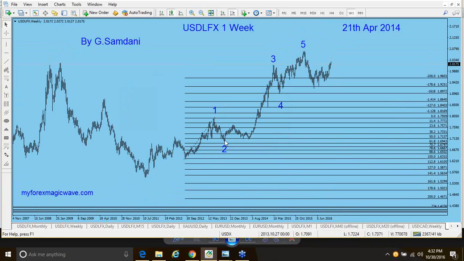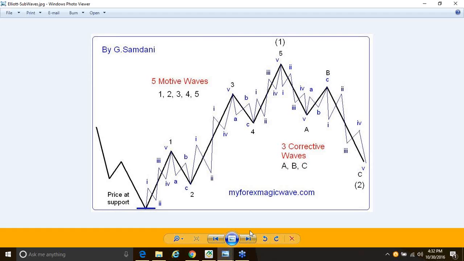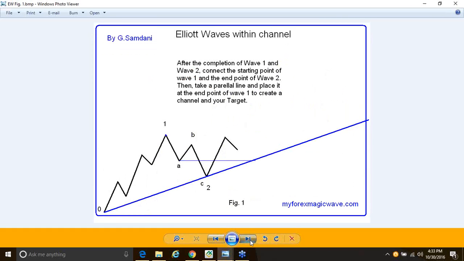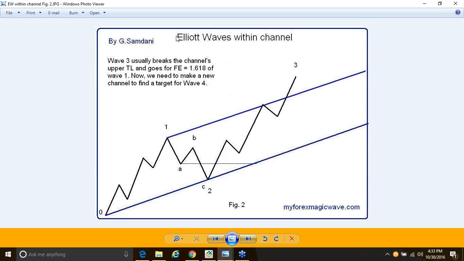So if we just measure this one, this is 61%. You see here, this is the Elliott wave, wave 3. This is how it happened. 1, 2, 3, 4, 5, A, B, C correction, wave 2, and then it goes in 5 waves, 1, 2, 3, 4, 5, to finish up a wave 3.